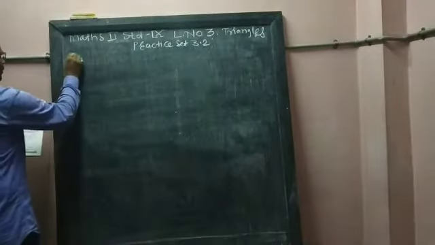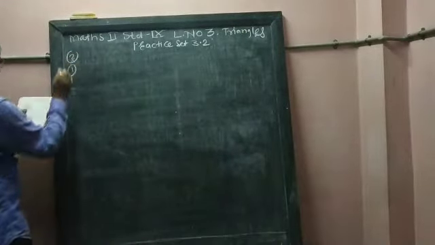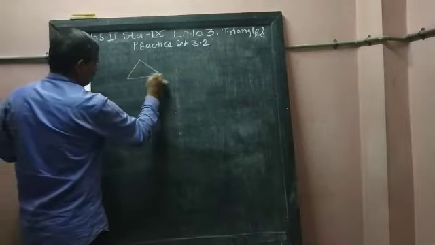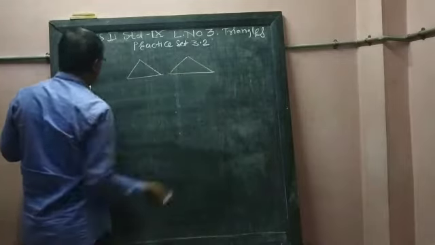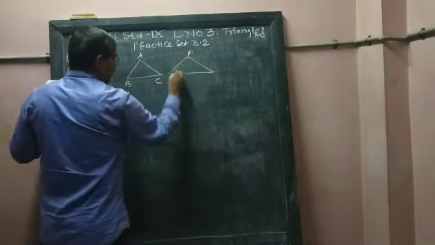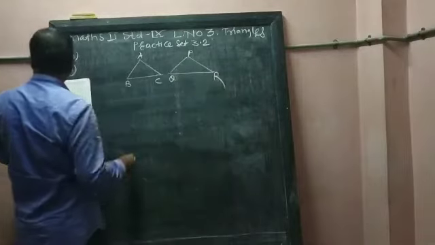Now, question number 2. First, here in figure number 3.20, triangle ABC and triangle PQR.